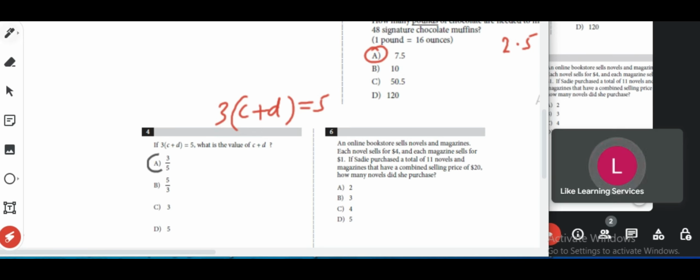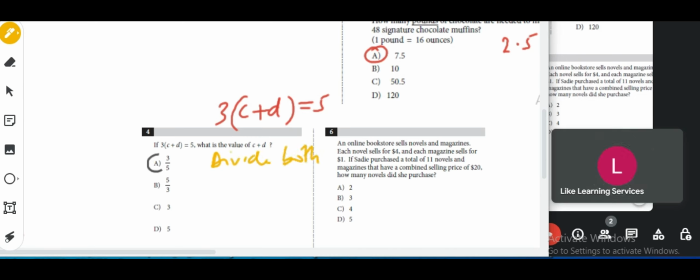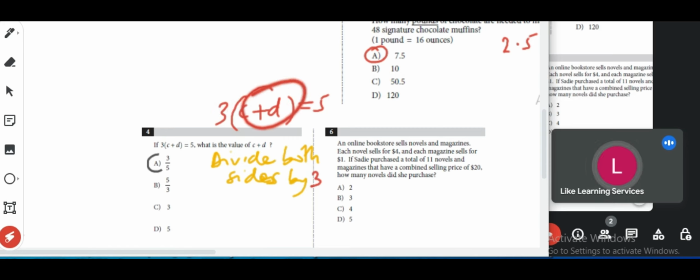You divide both sides by what? 3. Divide both sides by 3, because we want C plus D to stand alone.